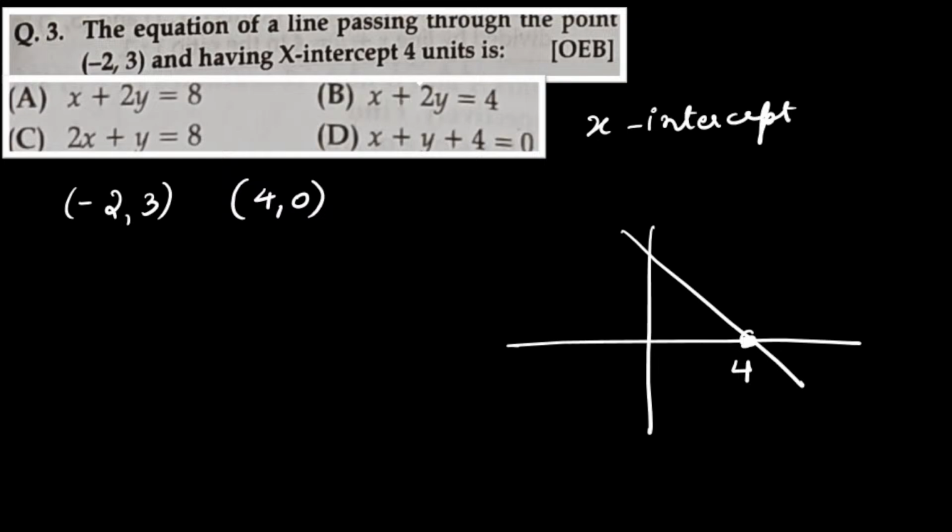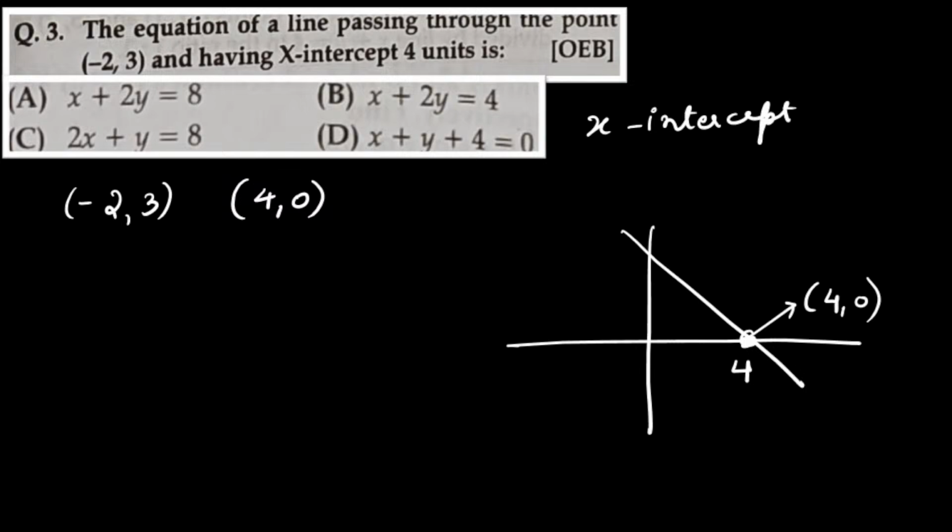We can write the intercepts also in coordinate form. Since the value is 4, in coordinate form I can write it as 4 comma 0.